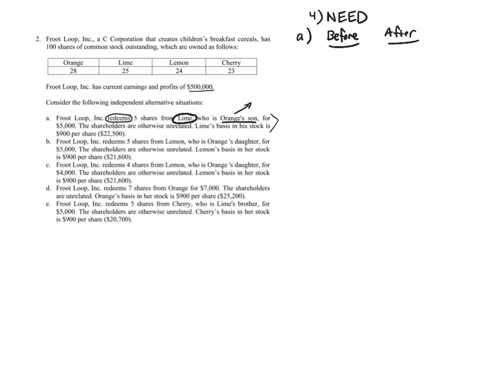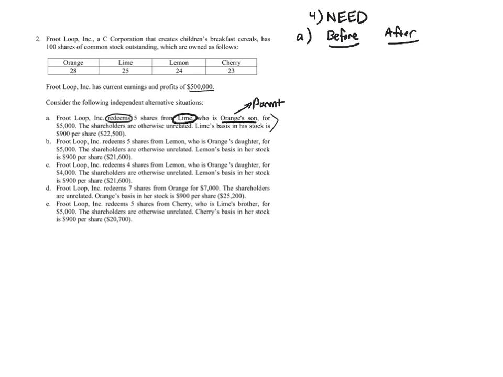So that means Orange is a parent of Lime. Everyone see that? Okay? Orange is a parent of Lime. So if you look at those attribution rules that we talked about last class, I told you need to know the family attribution rules. There's only certain family members you have to attribute. And one of them is your parent. So that means that whatever Orange owns, Lime owns as well.